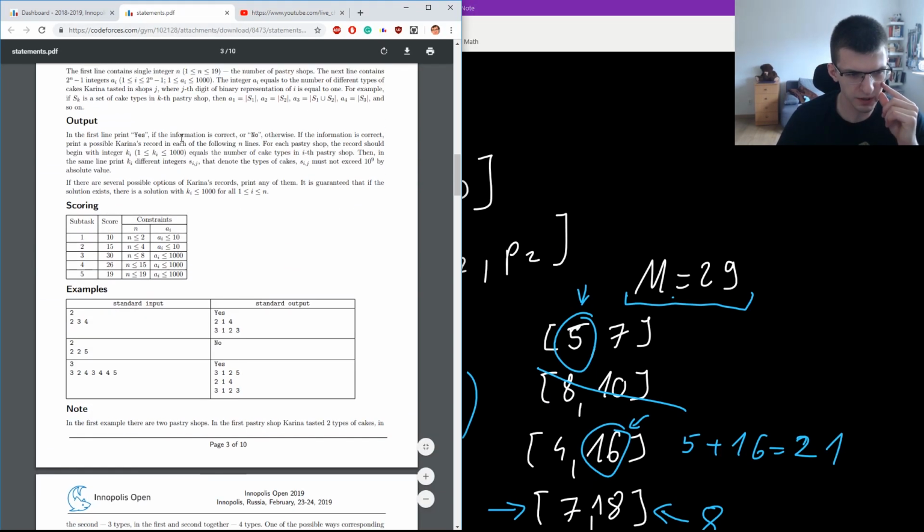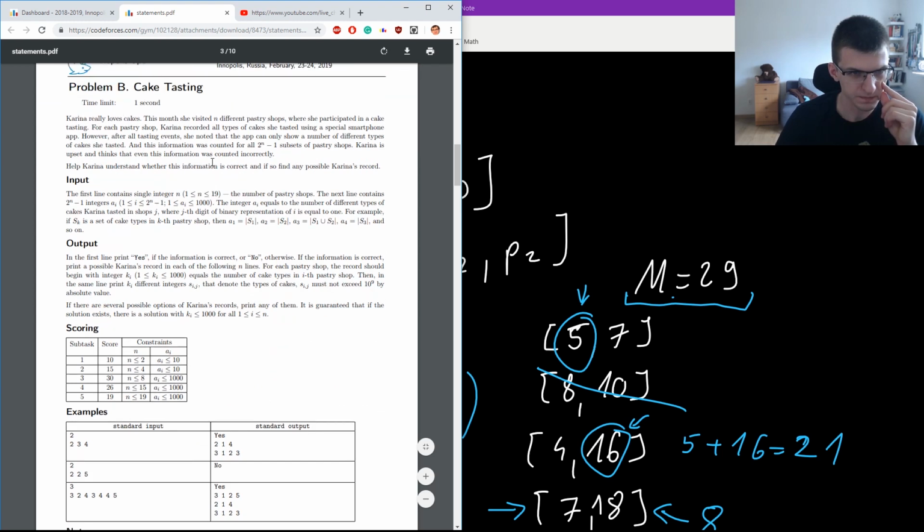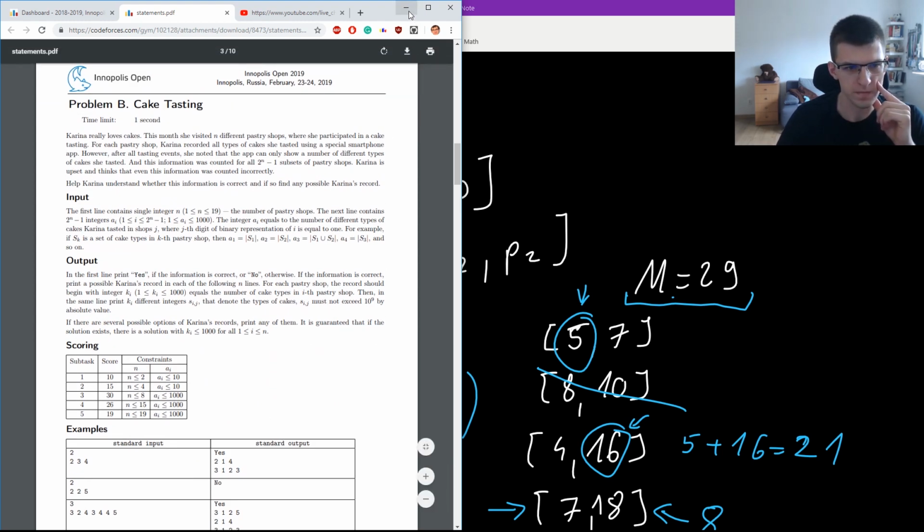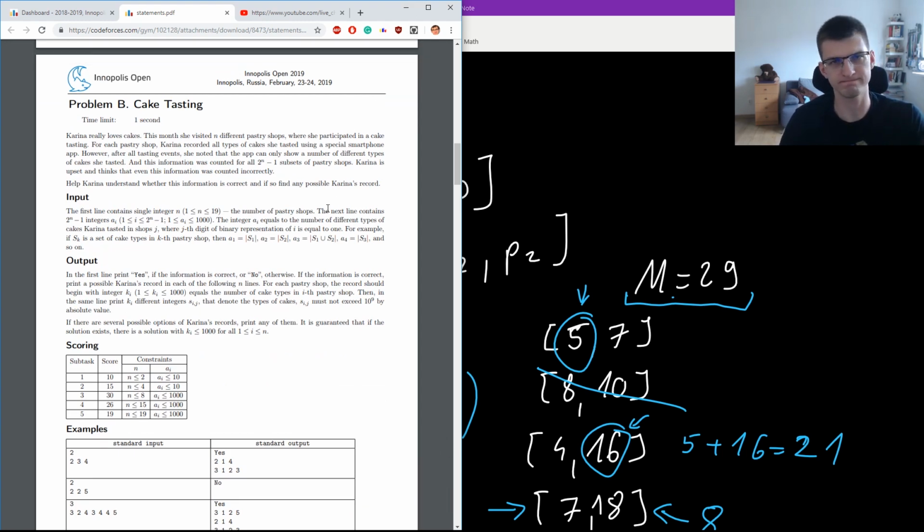Cake tasting was about subsets. There are some shops, and we immediately will make the first simplification. If the problem tells us something about things that appear or not appear, you can always reverse what it means.